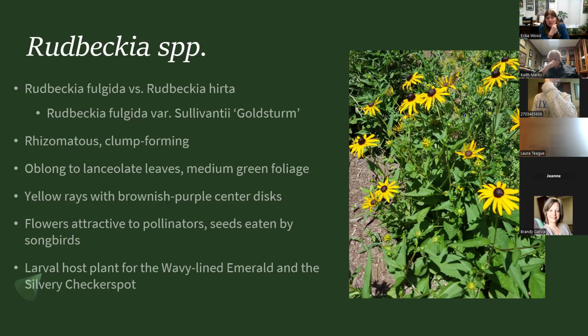So again, leave those seed heads up during the late summer into fall. And as I mentioned before, this is a good larval host plant for certain species. The wavy-lined emerald moth and the silvery checkerspot butterfly all rely on this plant for its caterpillars to feed on.